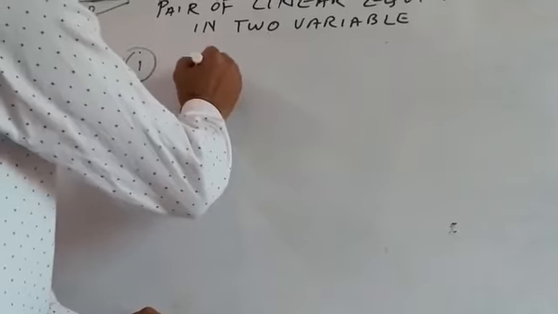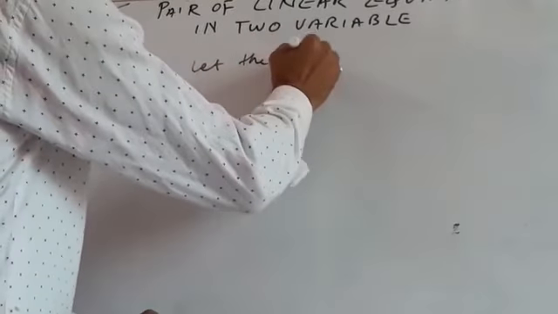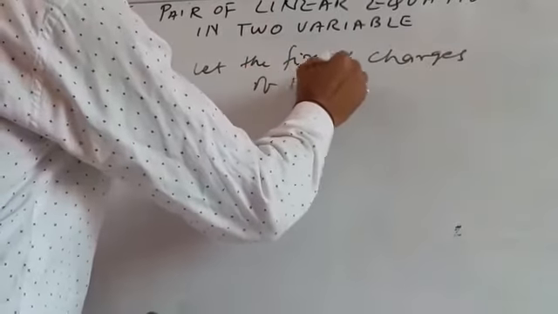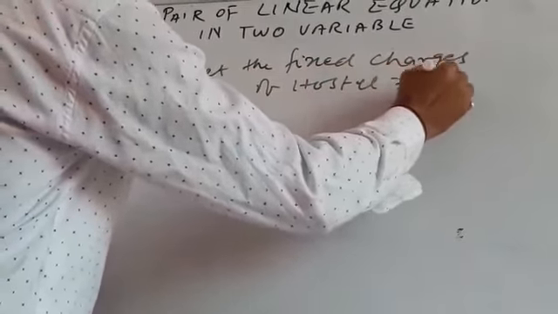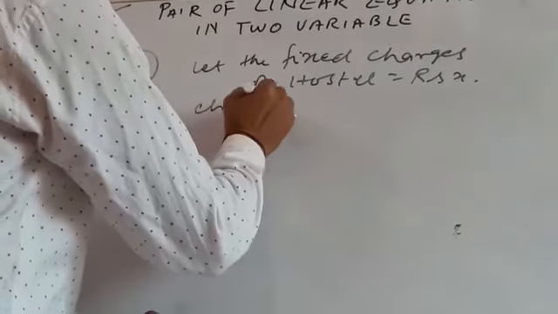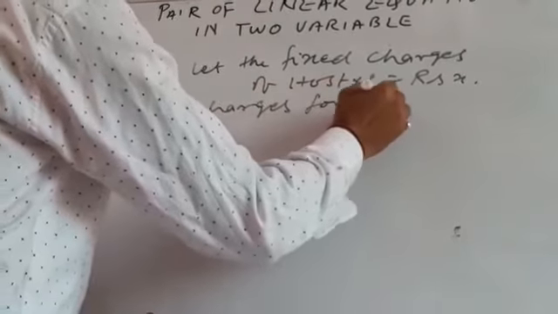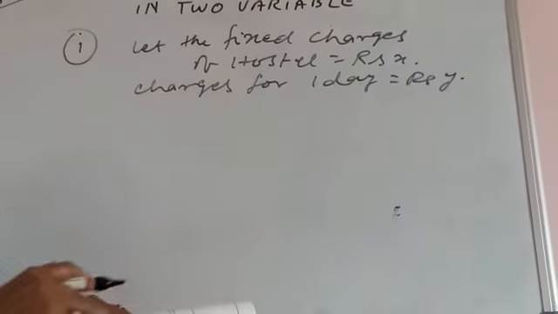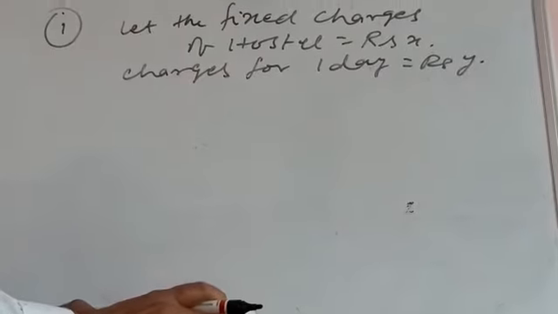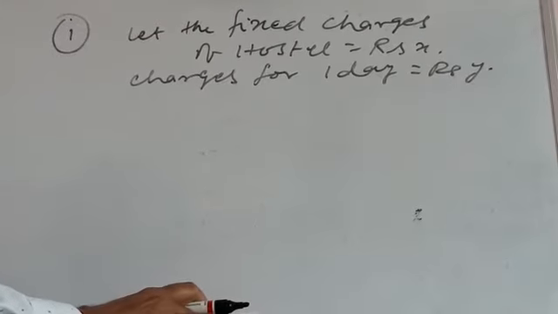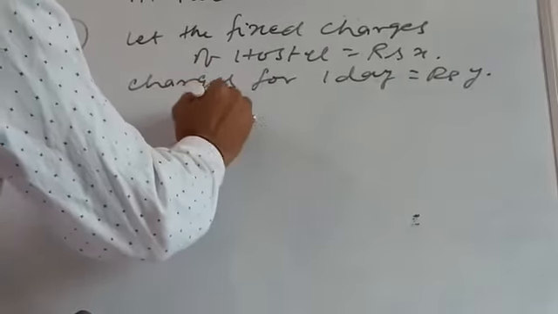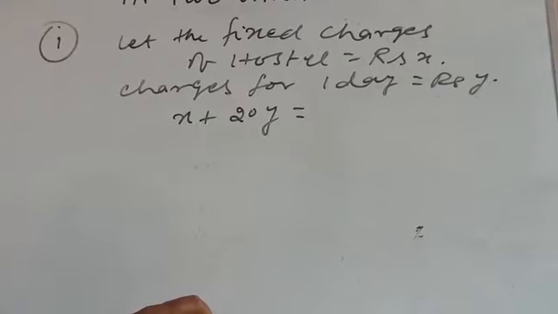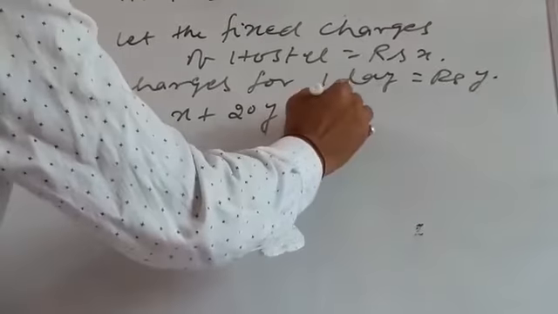Here we write: let the fixed charges of the hostel be rupees X and the charges for 1 day be rupees Y. Now, when a student takes food for 20 days, X plus 20Y is equal to 1000.